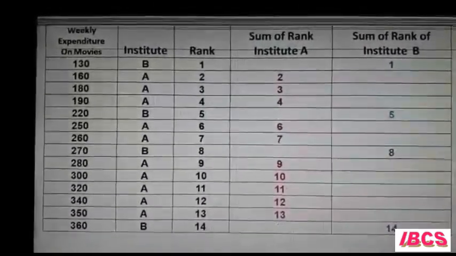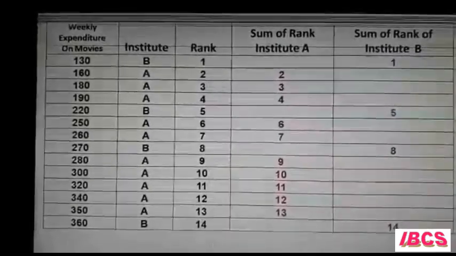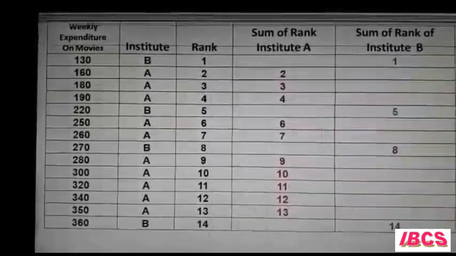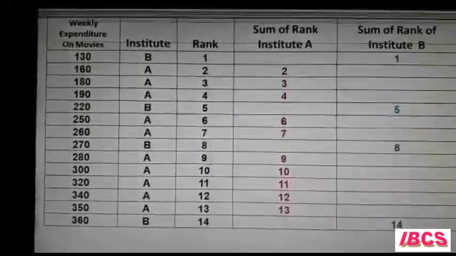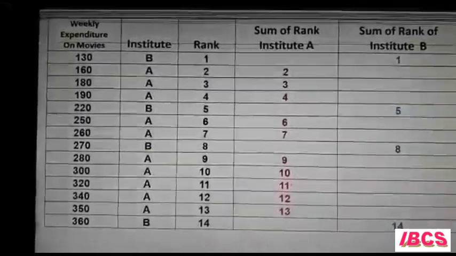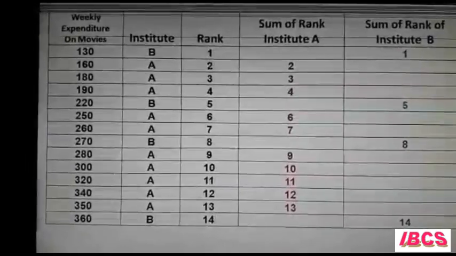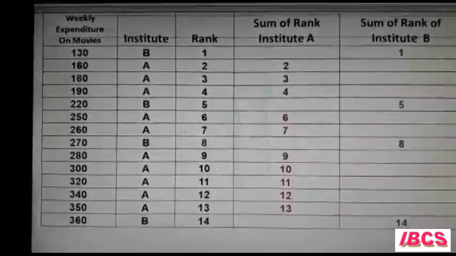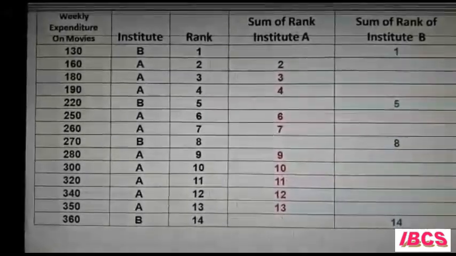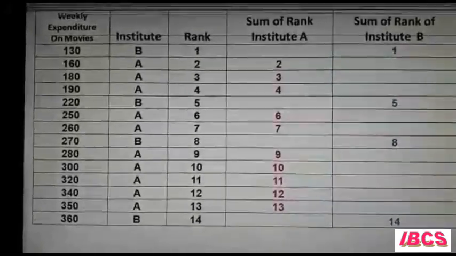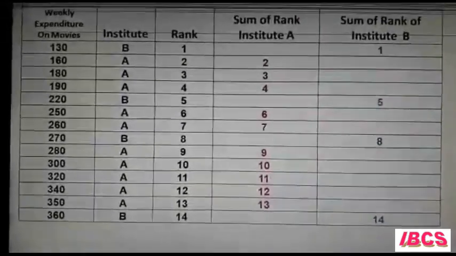So 130 is from Institute B, where we have given rank 1. 160 is from Institute A, and we have given rank 2. 180 is from Institute A, rank 3. Like this we go for the ranking of the data, and we sum the ranks from Institute A and we sum the ranks from Institute B.